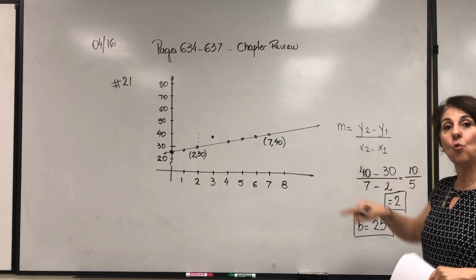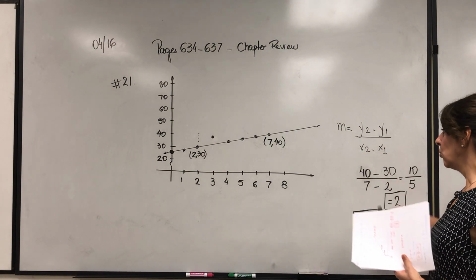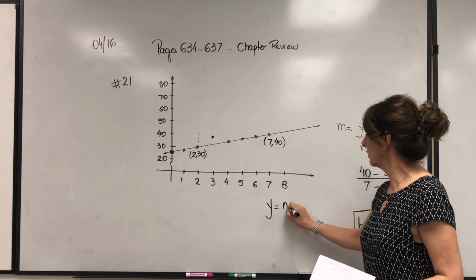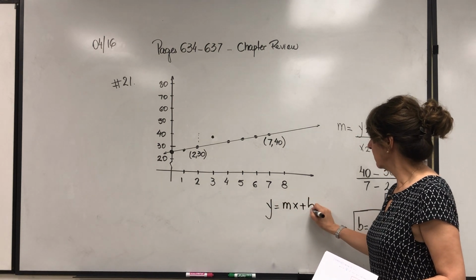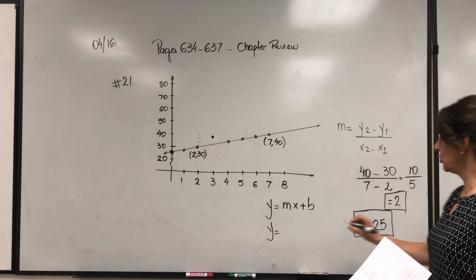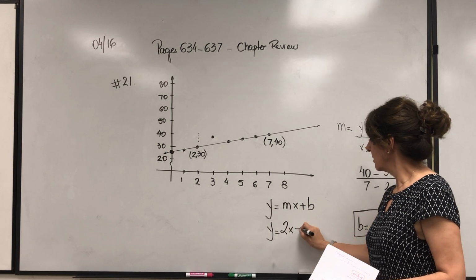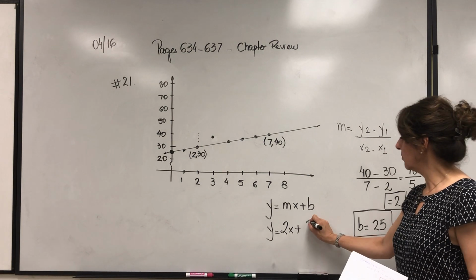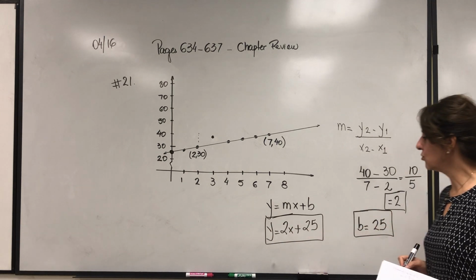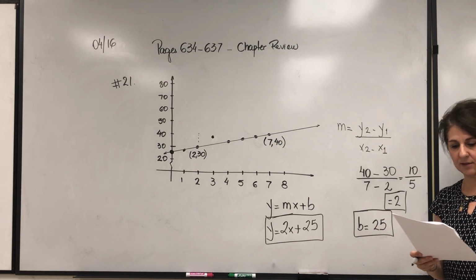So what is the equation that I can write with this information here? M, which is 2, x plus B, which is 25. So 2x plus 25.